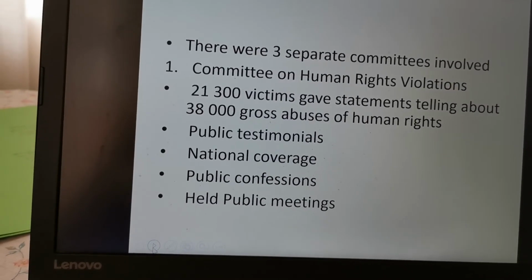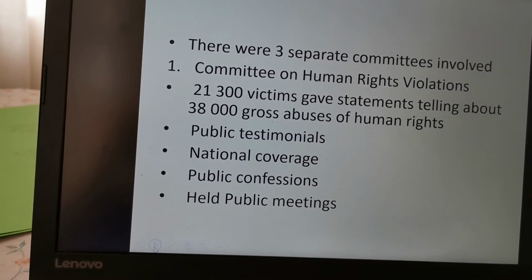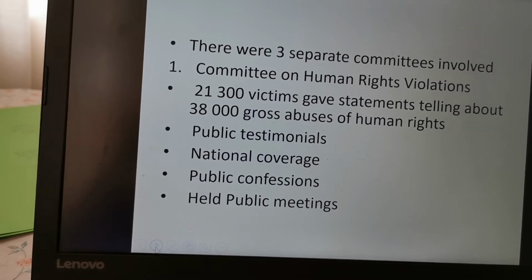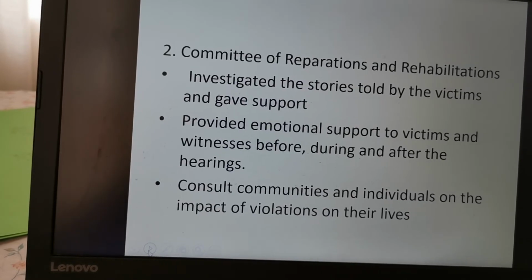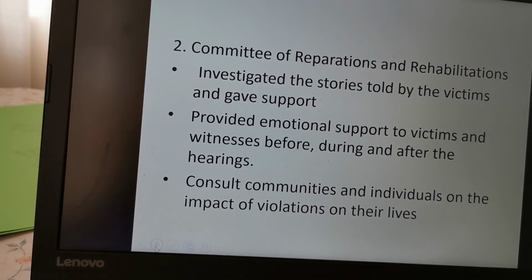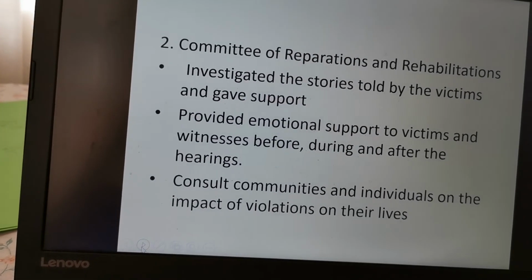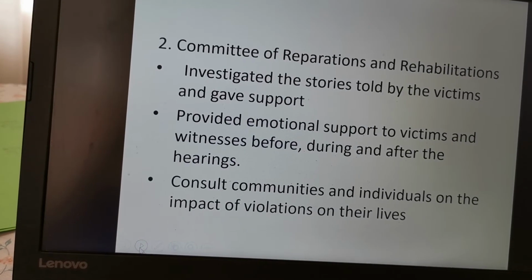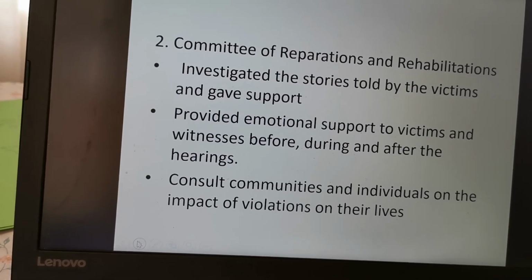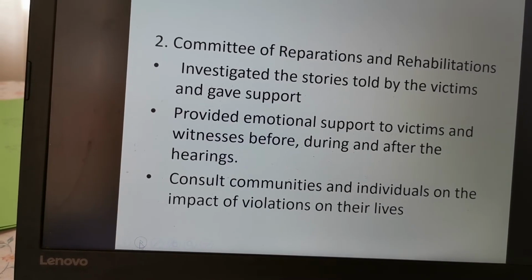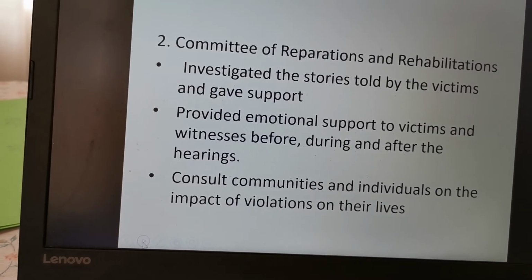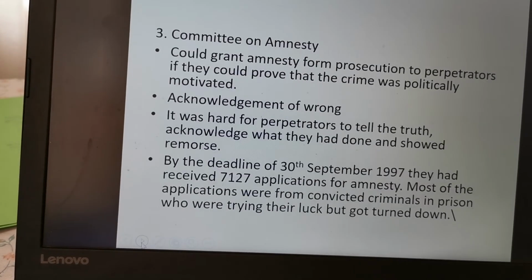There were public testimonies, national coverage every night on the news, and you can find those clips on YouTube, public confessions and public meetings. Then there was the Committee on Reparations and Rehabilitations. They had to consult communities, individuals, provide emotional support, and investigate fully the stories so that they could call on a perpetrator to come forward and provide evidence on what had happened to the victim.